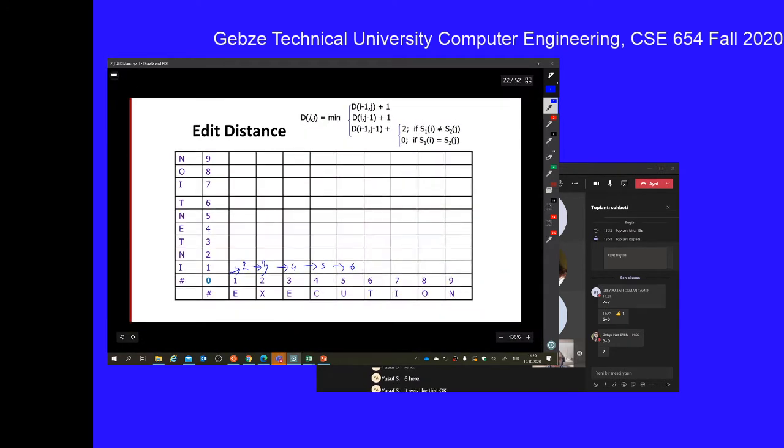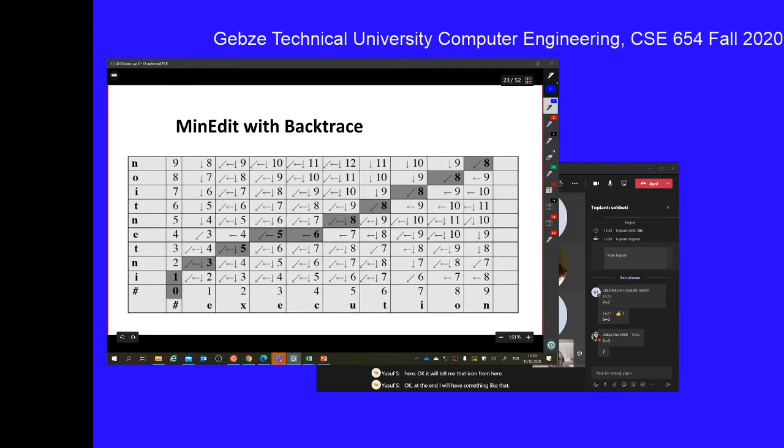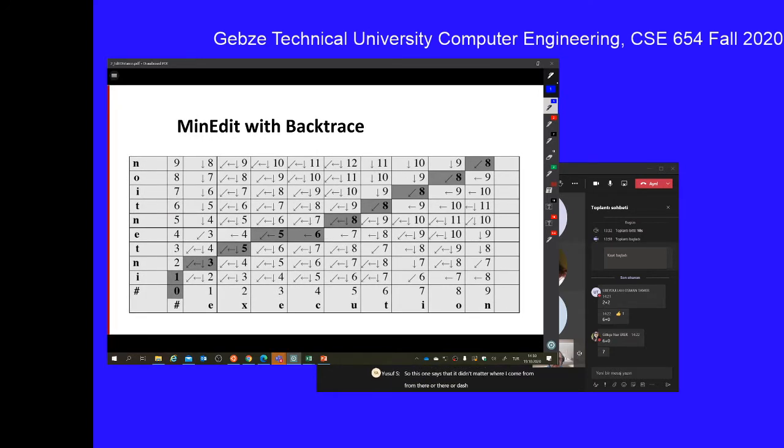So I keep that information where I come from. And when I am at 8, 8 will tell me that I come from here, okay? At the end, I will have something like that. So this one says that it didn't matter where I come from, there or there or there, okay?